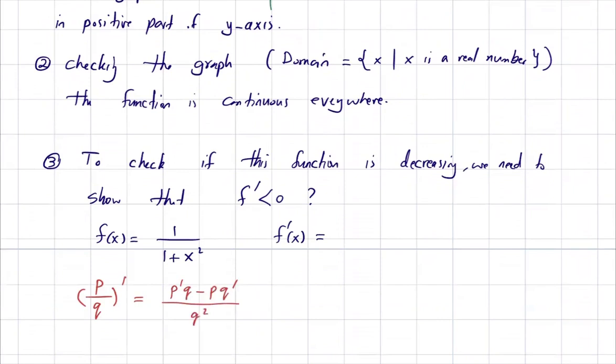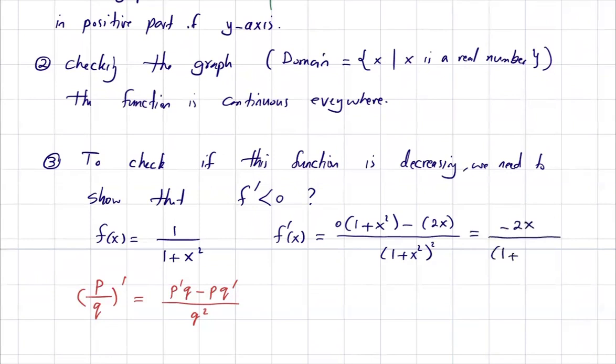This is equal to the derivative of 1, which is 0, times 1 plus x squared, minus 1 times the derivative of 1 plus x squared, which is 2x, divided by 1 plus x squared to the second power. So you have minus 2x divided by 1 plus x squared to the second power.